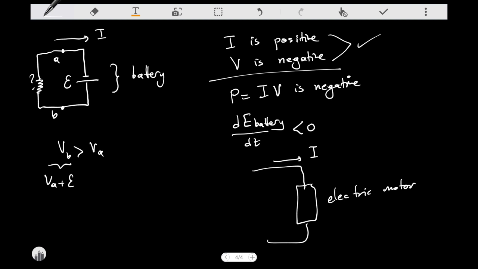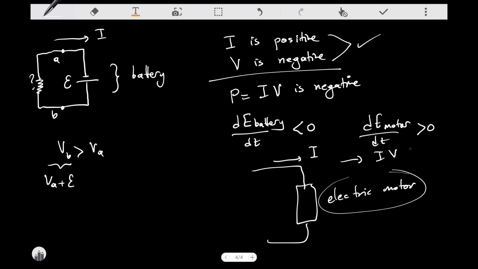But what you can say is that as long as the electric motor is working, the current and the potential drop should have the same sign, because we know that this is consuming energy. So the rate of change of the energy of the motor is always positive, which means the current and the potential drop have the same sign, and therefore their product is positive. After that, we are going to discuss what these EMF devices are.